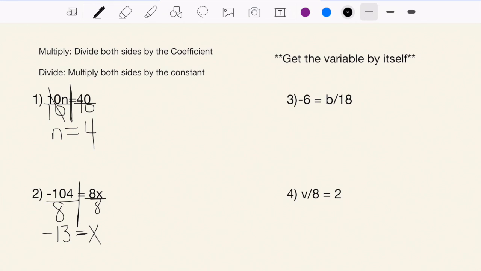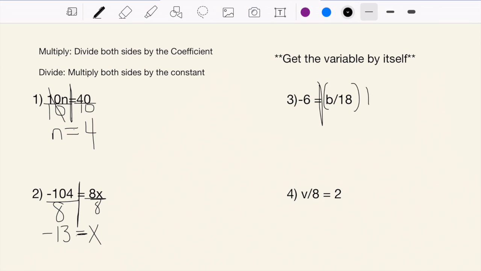Let's look at number 3. With these ones, we're going to be using division instead. We have negative 6 equals b over 18. Whenever you see something like b over 18, that indicates division. So in this case, we're going to be multiplying to get that b by itself.